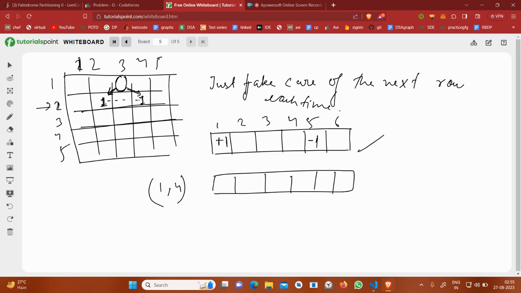I am using this to make the time complexity optimal. Now if I take the prefix of this, all would be 1, and then it would become 0. So all the elements between 1 comma 4 have been added by 1.